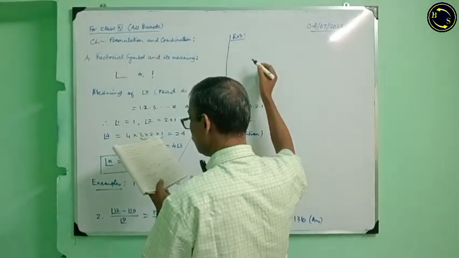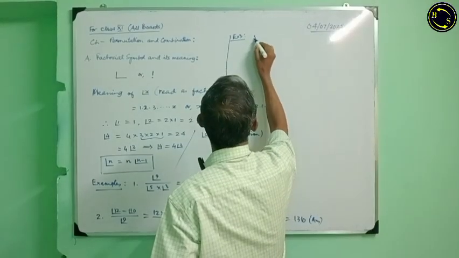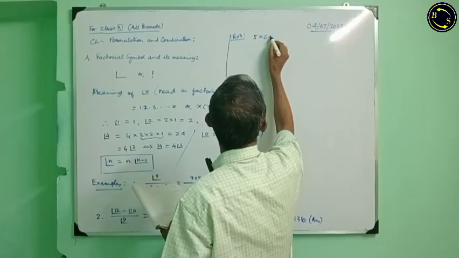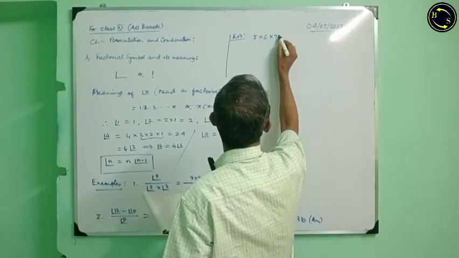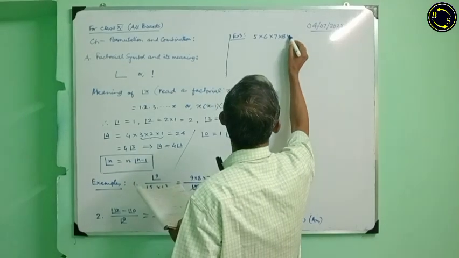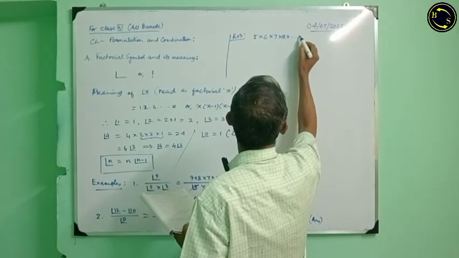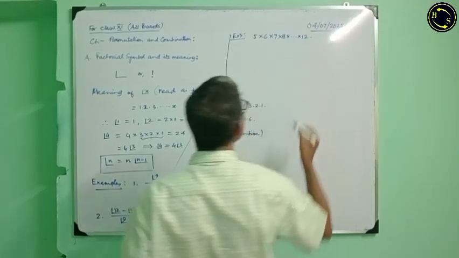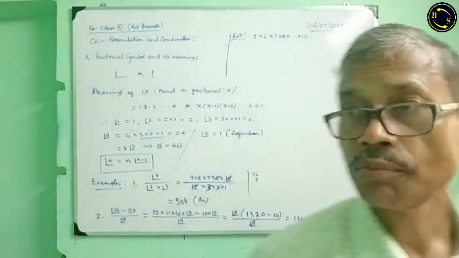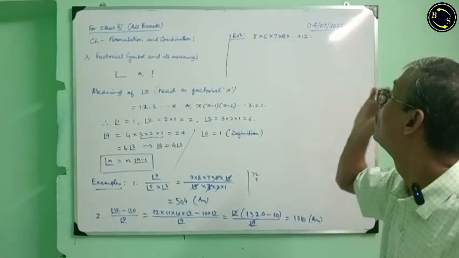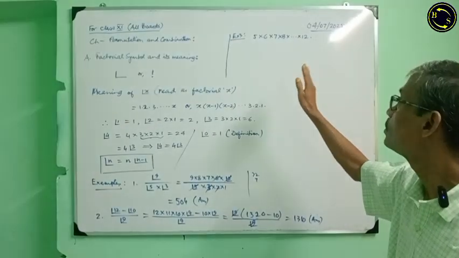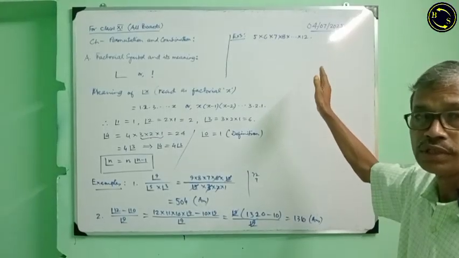First one is 5 into 6 into 7 into 8 up to 12. First you note the product is starting with 5 and successive numbers up to 12.